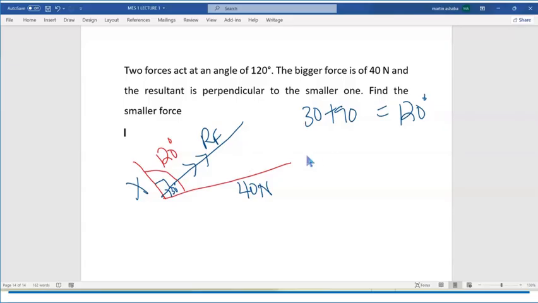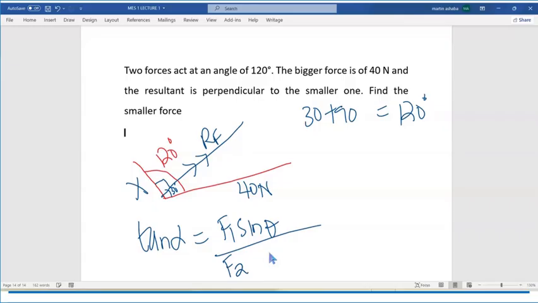Now we know that tan alpha is equal to, for example, F1 sine theta divided by F2.